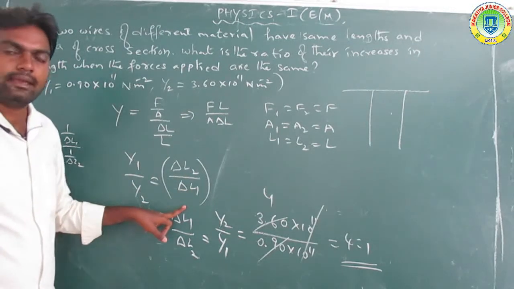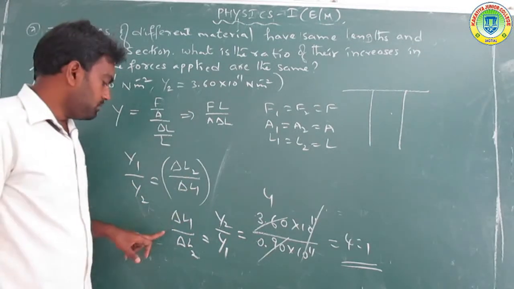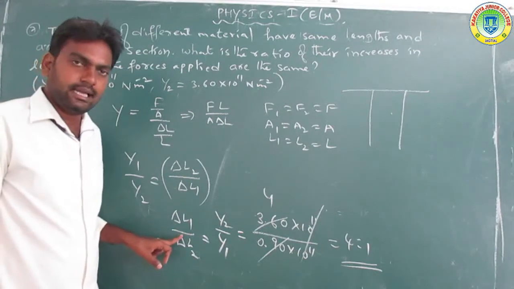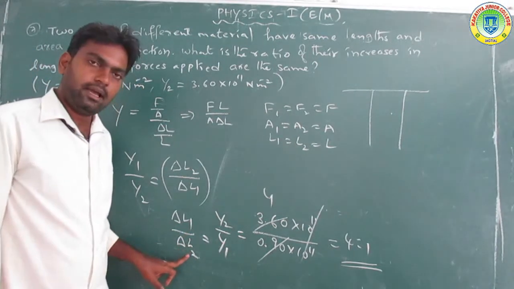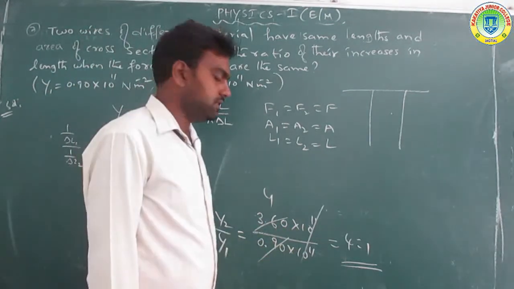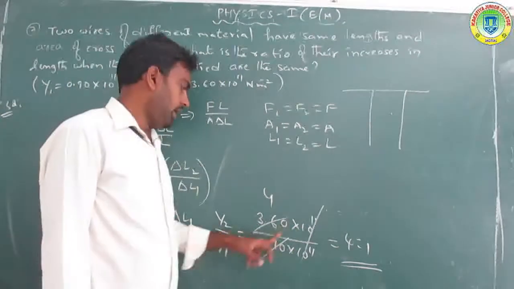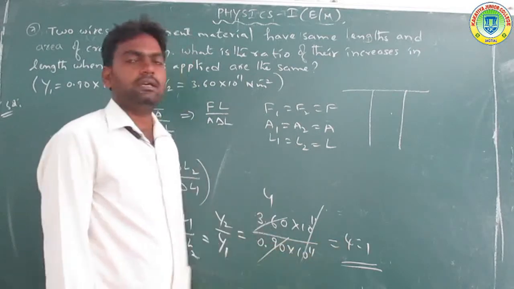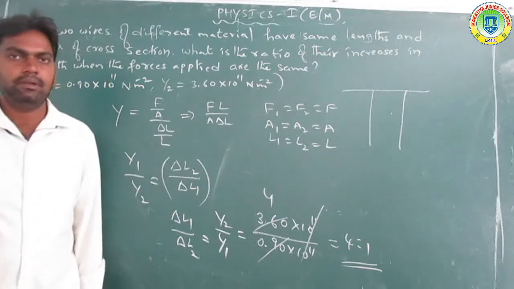To find the increase in length, delta L1 by delta L2 is equal to Y2 by Y1. The 3.60 and 0.90 terms cancel, giving the 4:1 ratio between them.